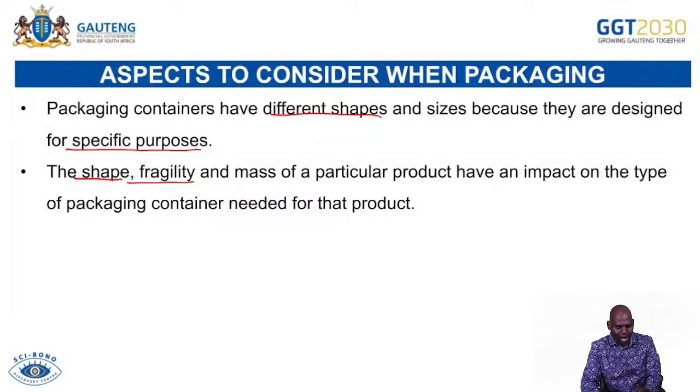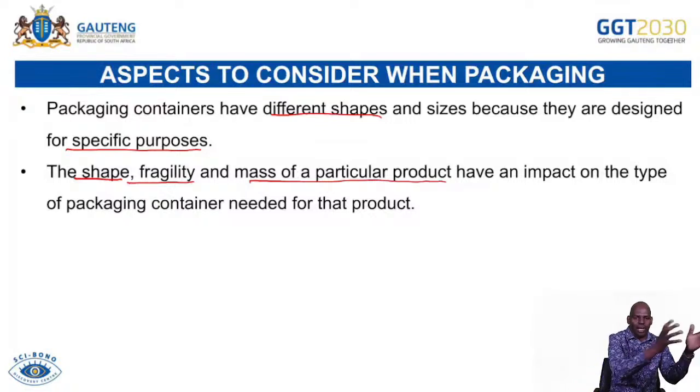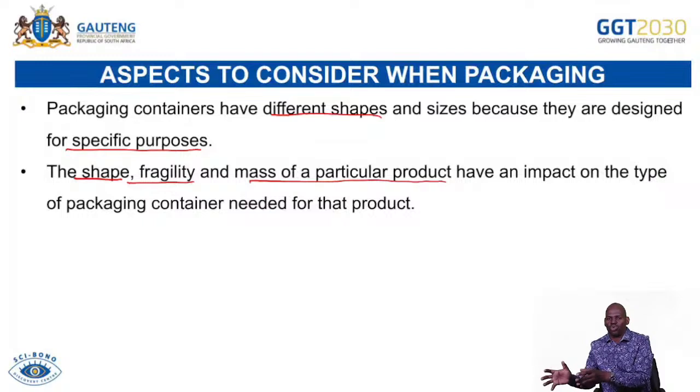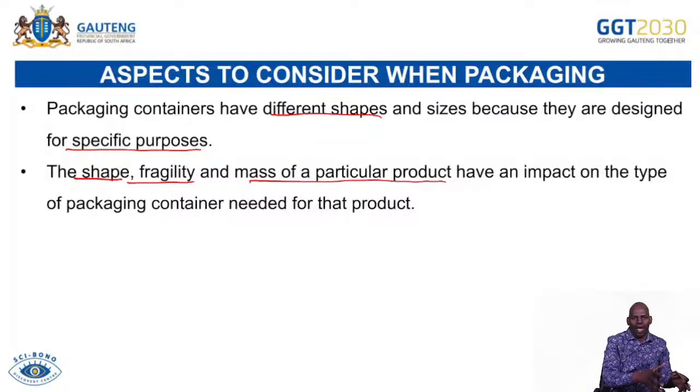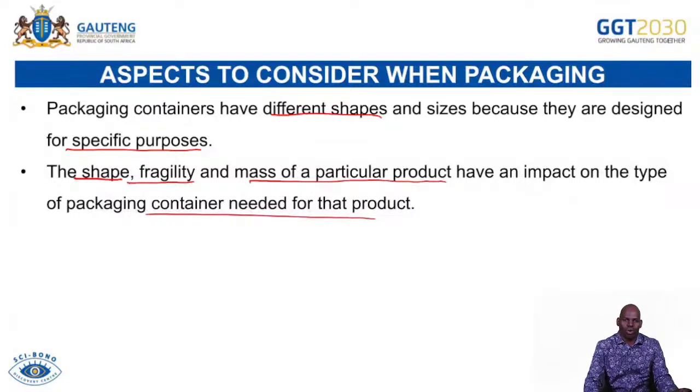And mass of a particular product. Remember, if you have to pack heavy stuff into a box, that can easily get broken. So you must also think about what you are going to pack into a container. Is the container going to be strong enough? Can a particular product have an impact on the type of packaging container needed for that product? So these are some of the things that we need to take into consideration when we do packaging.